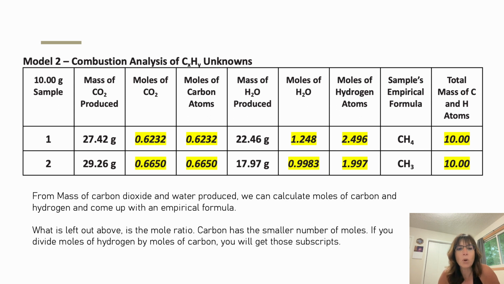So if you look at the moles, you have moles of carbon, 0.6232, moles of hydrogen, 2.496. Take the bigger number, divide it by the smaller number, and you get 4. So 1 carbon and 4 hydrogens. And when you do 1.997 divided by 0.6650, you get 3. 3 hydrogens to 1 carbon. So it's basically what we were just talking about, it's just with actual experimental data.